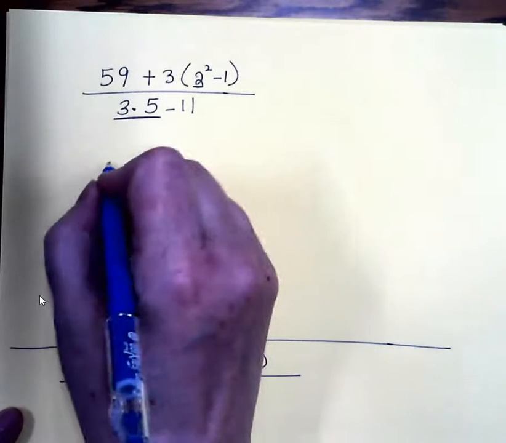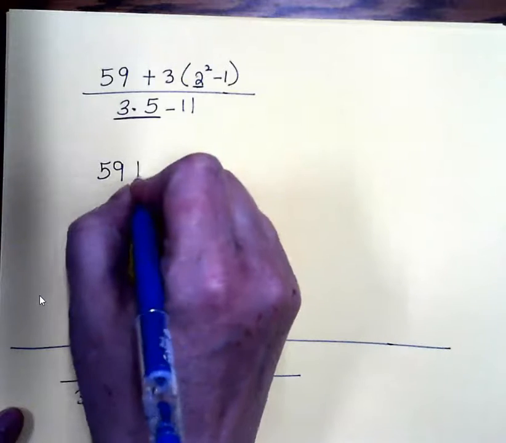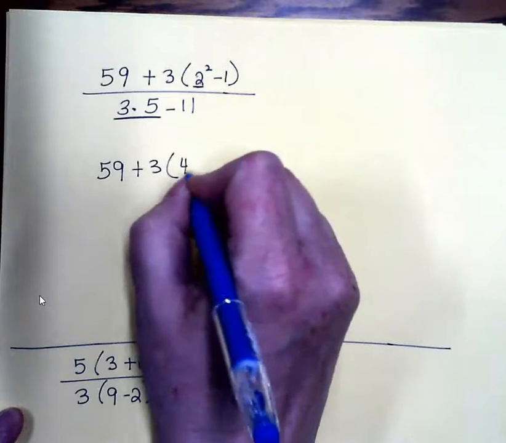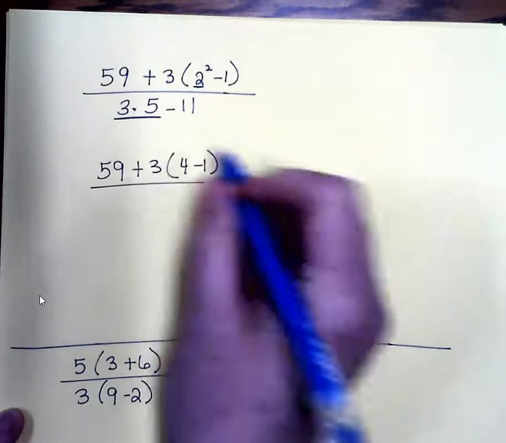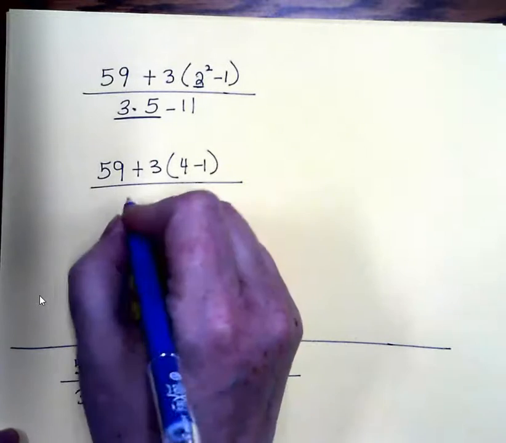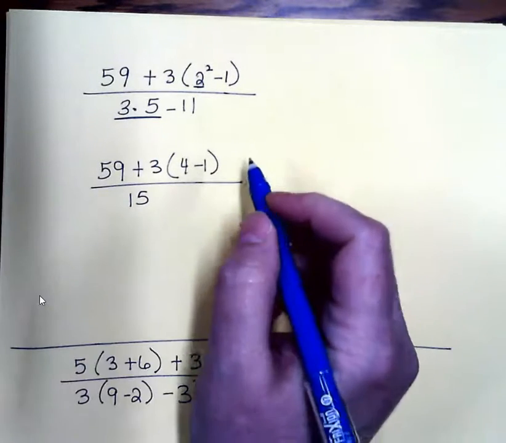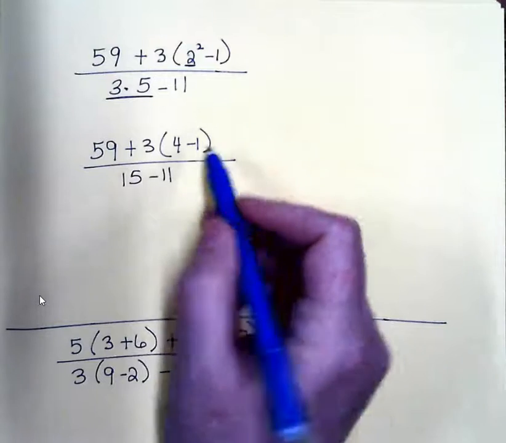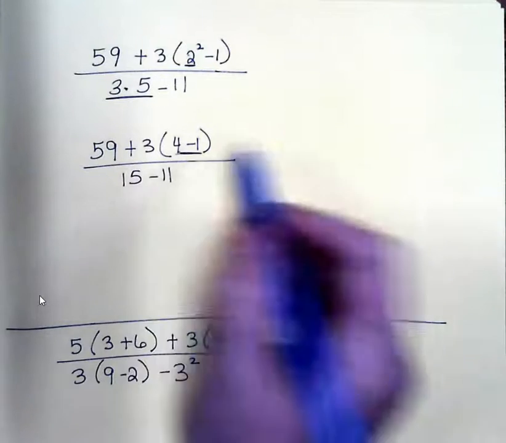So the top now has 59 plus 3, 2 squared is 4, minus 1, 3 times 5 is 15, minus 11. So now I'm going to do this right here.